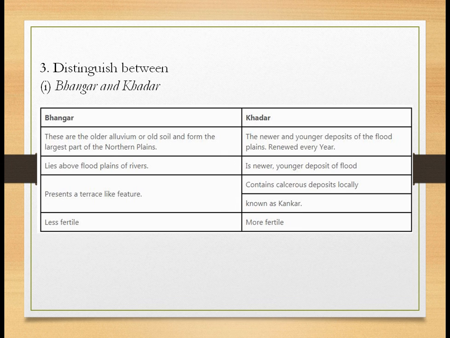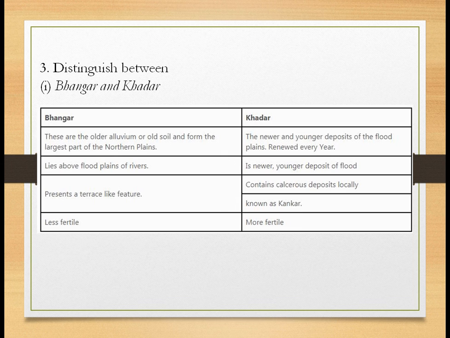Khadar is a new and younger deposit of flood. Bhangar presents a terrace-like feature. Khadar contains calcareous deposits, locally called kankar. Bhangar is less fertile, Khadar is more fertile. So these are the distinguishing points between Khadar and Bhangar.